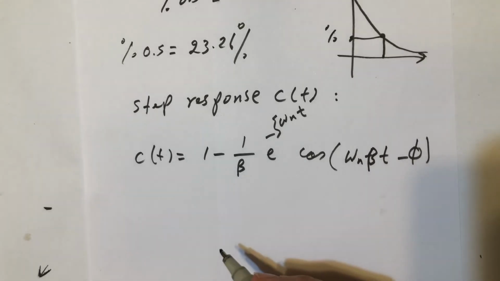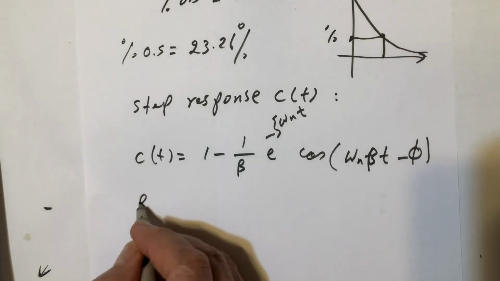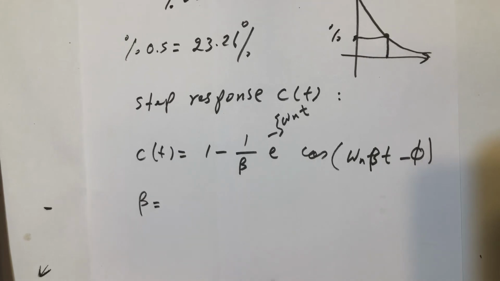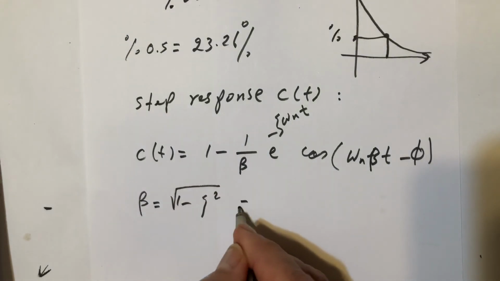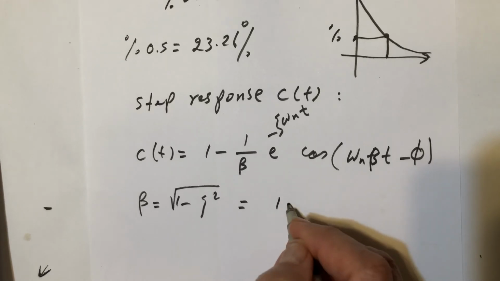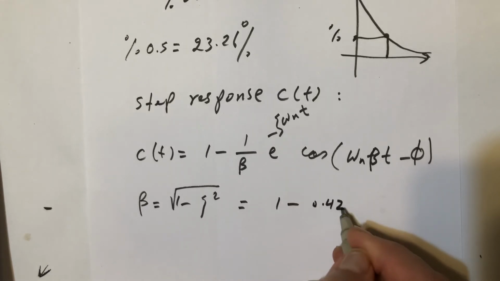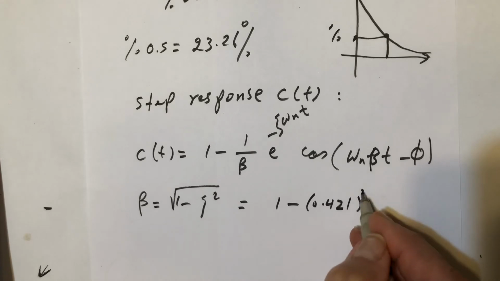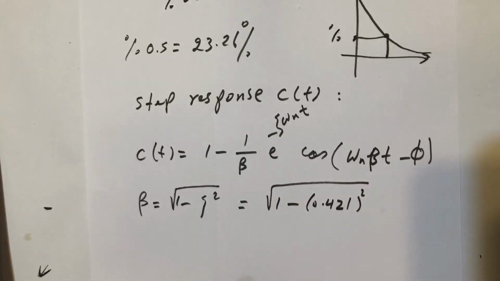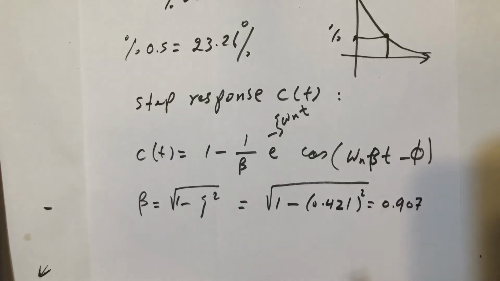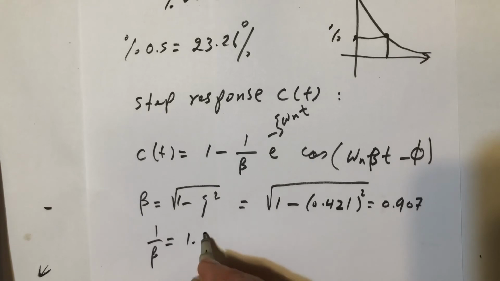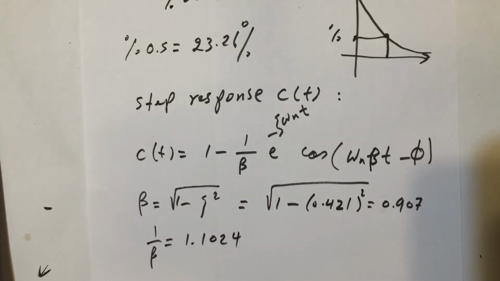Now I calculated beta, which equals the square root of 1 minus zeta squared, which is the square root of 1 minus 0.421 squared, and it comes to 0.907. Okay, 1 over beta comes to 1.1024.